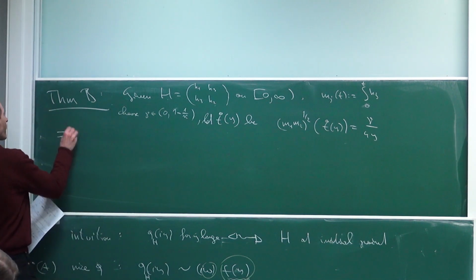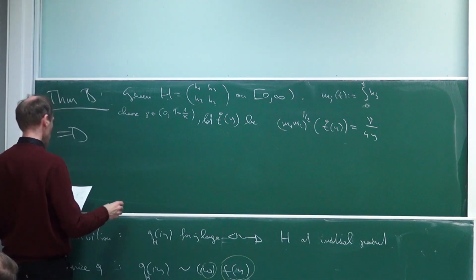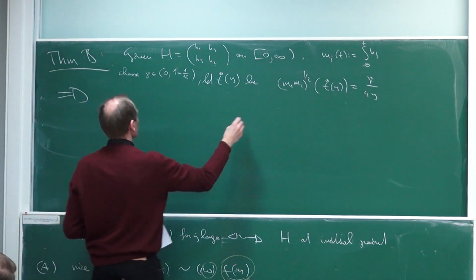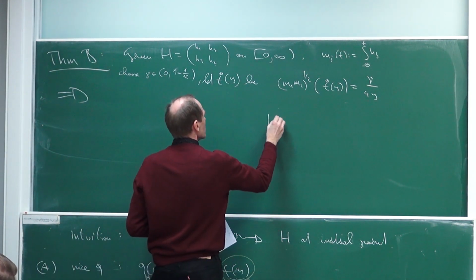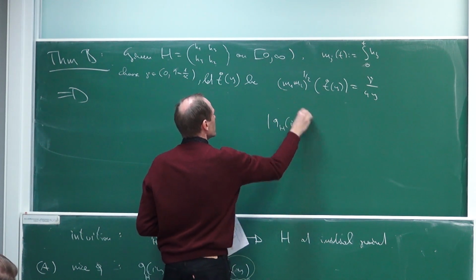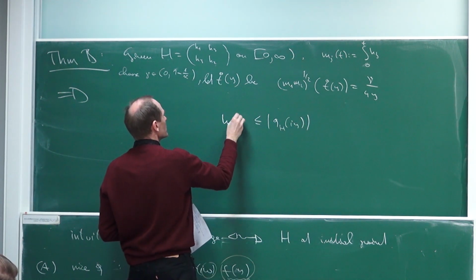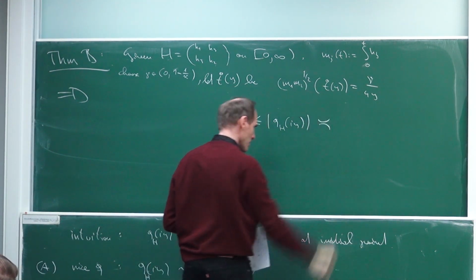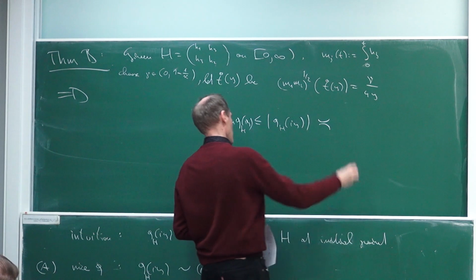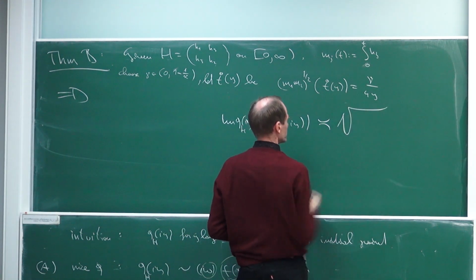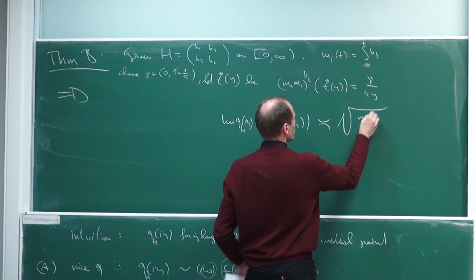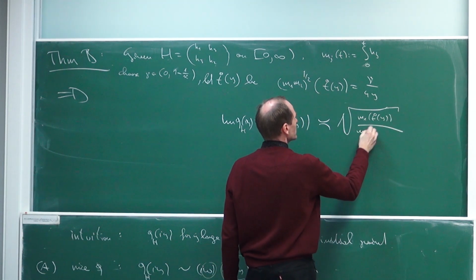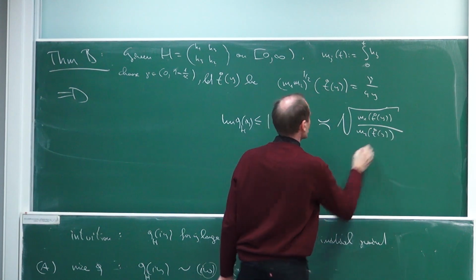And then what holds is that we have that equation, that style I wrote down there. So the absolute value of q_H of iy and the imaginary part of q_H of iy, this is comparable with M1 of these over M2 of these.